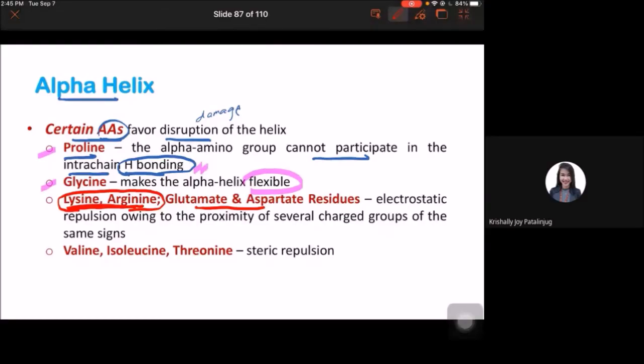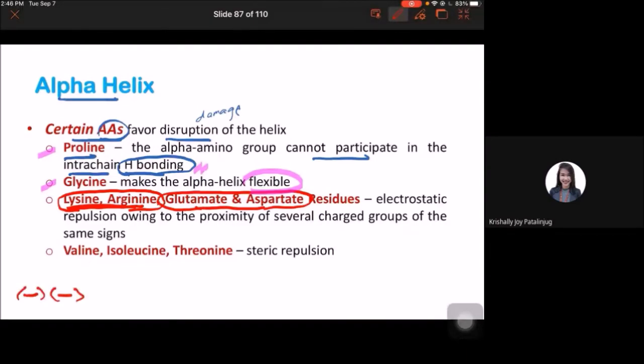Now, ang reason why charged amino acids do not participate in alpha helix formation is because kapag nagkaroon ng close proximity with one another, halimbawa, lysine with arginine, parehas silang basic. So kapag nagkaroon ng close proximity, same charges, do you think mag-a-attract?